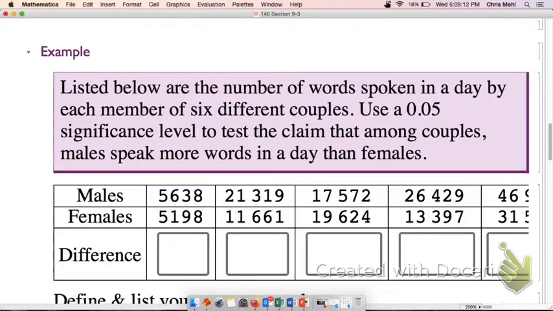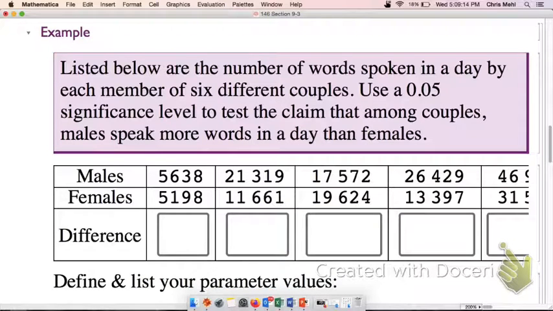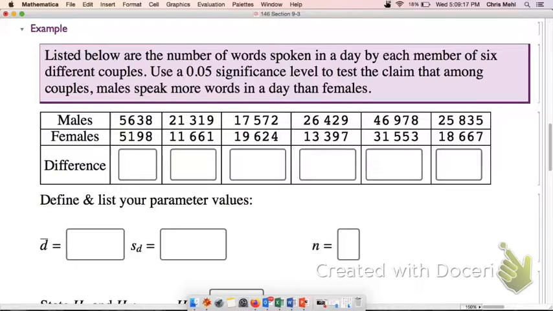Okay, so here's an example, and I'll walk you through this. There's a way to carry out all the calculations by hand, calculating the test statistic. It's a t-test. If you look back at the formula for the test statistic, it is denoted with a lowercase t.